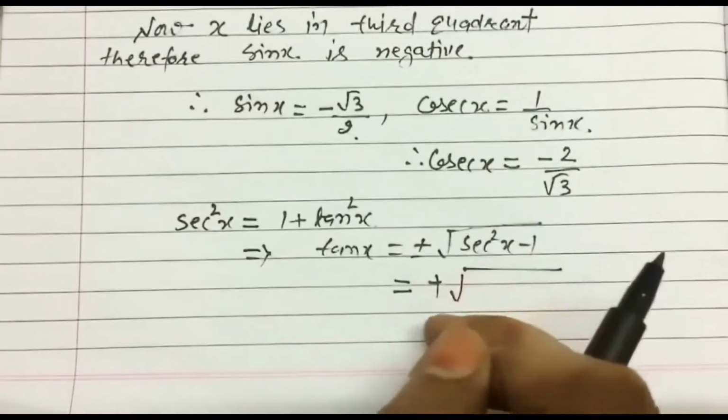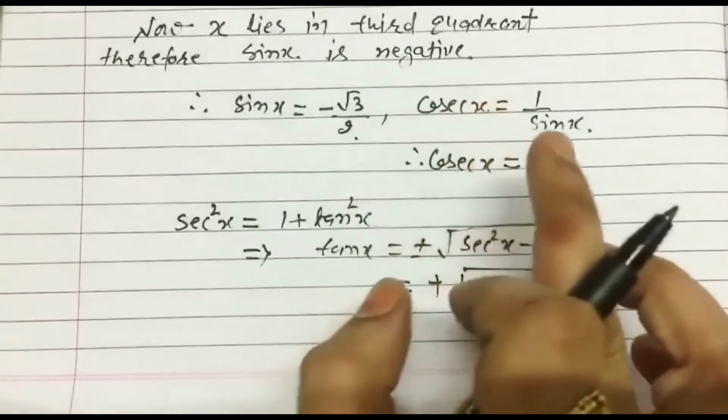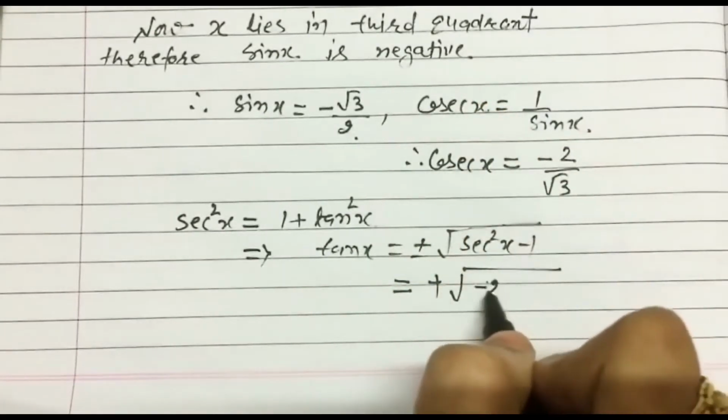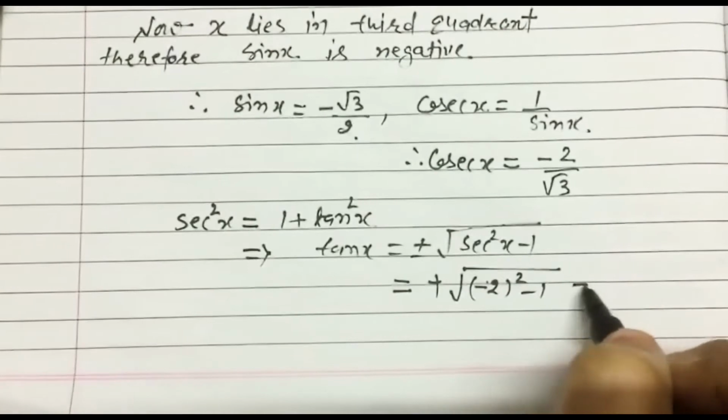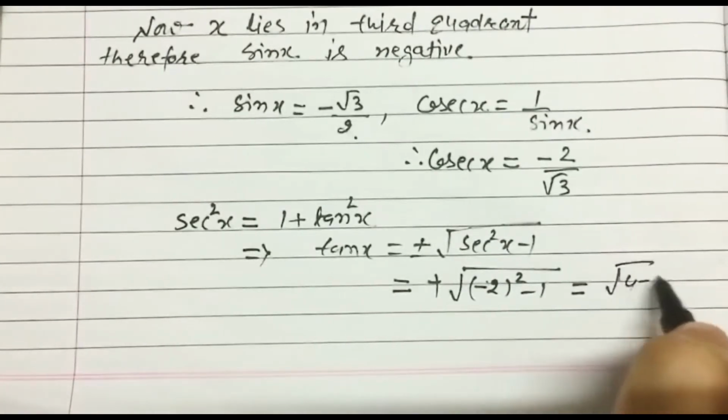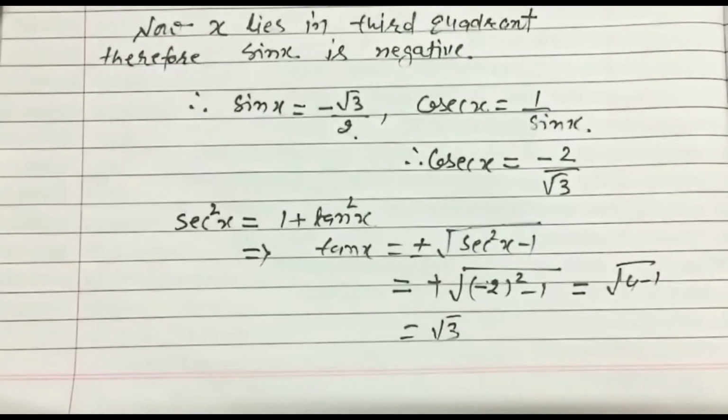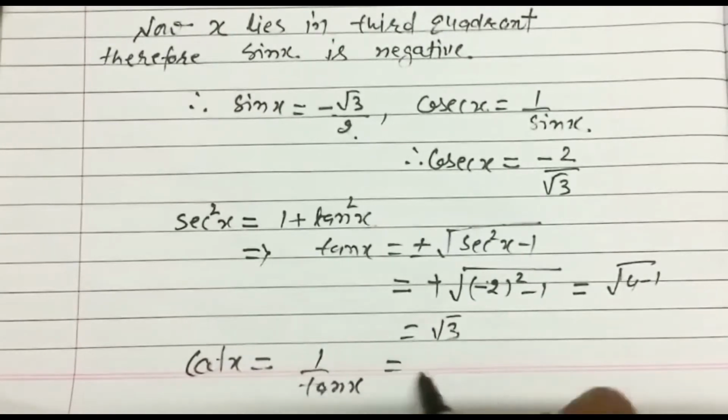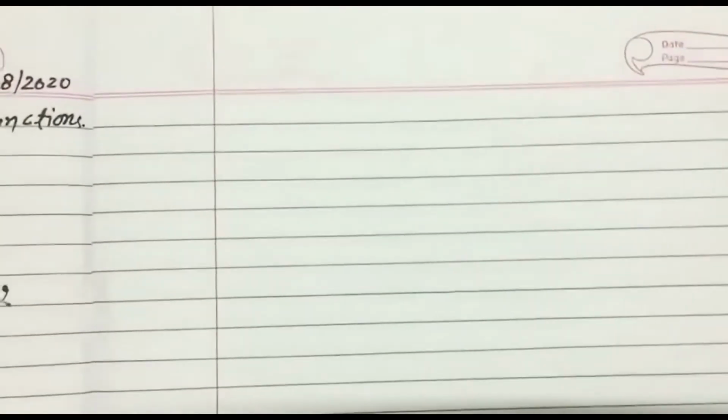Here sec x is minus 2, so it's root of minus 2 square minus 1. So it is 4 minus 1, which means root 3. Now cot x is 1 by tan x, so it is 1 by root 3. Here we have applied the formulas or identities. An alternate method is also here, and I hope it will be easy.